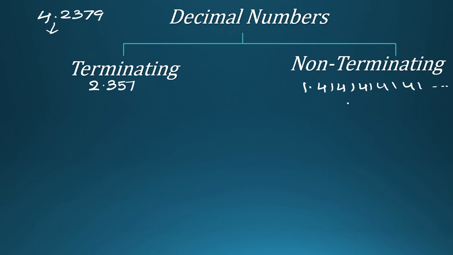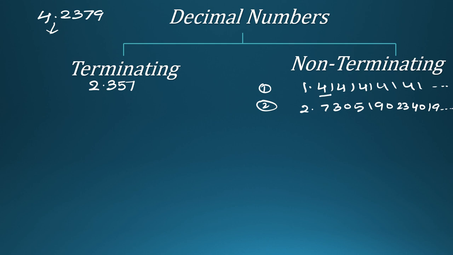Another example: 2.730519023401, like this. Do you find any difference in number 1 and number 2? Pause the video and write the difference in the comment. See, in number 1, it is not finishing. It is non-terminating.